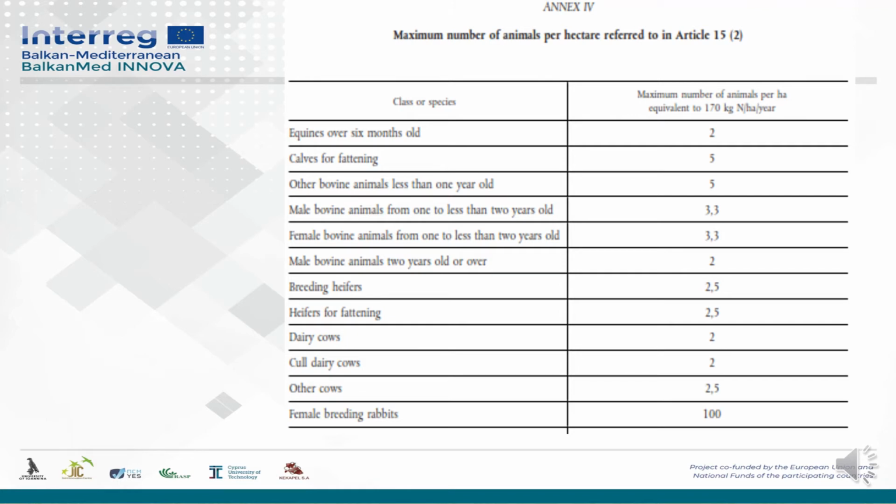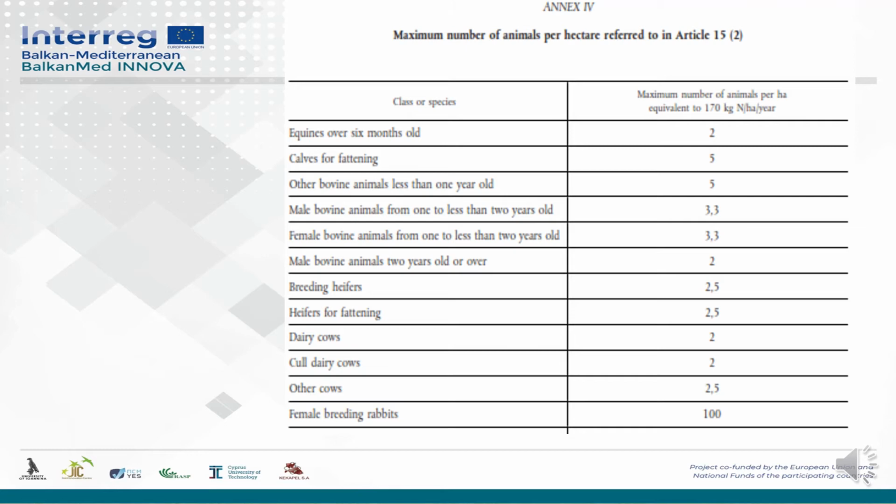Annex 4. Maximum number of animals per hectare referred to in Article 15. And you have the maximum number of animals per hectare, which are equivalent to 170 kilograms nitrogen per hectare per year. For example, equines over 6 months old, they are allowed 2 maximum animals per hectare. Calves for fattening, 5.